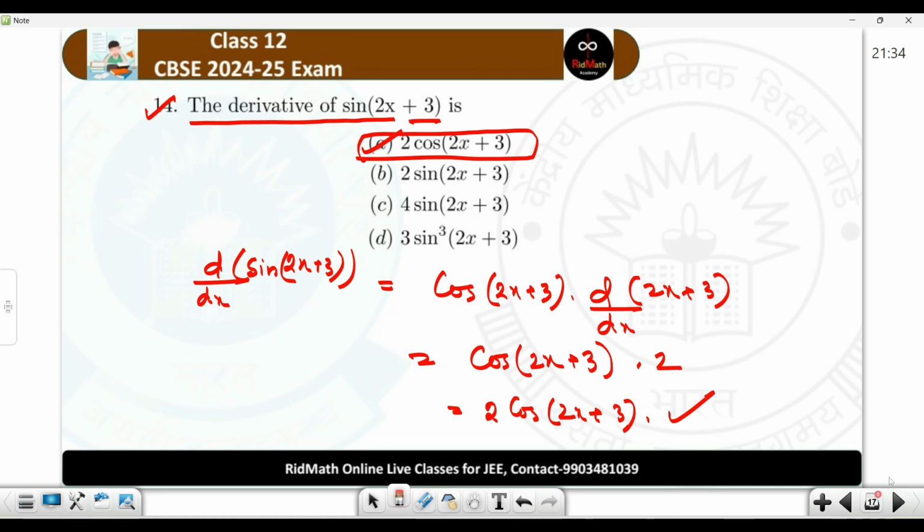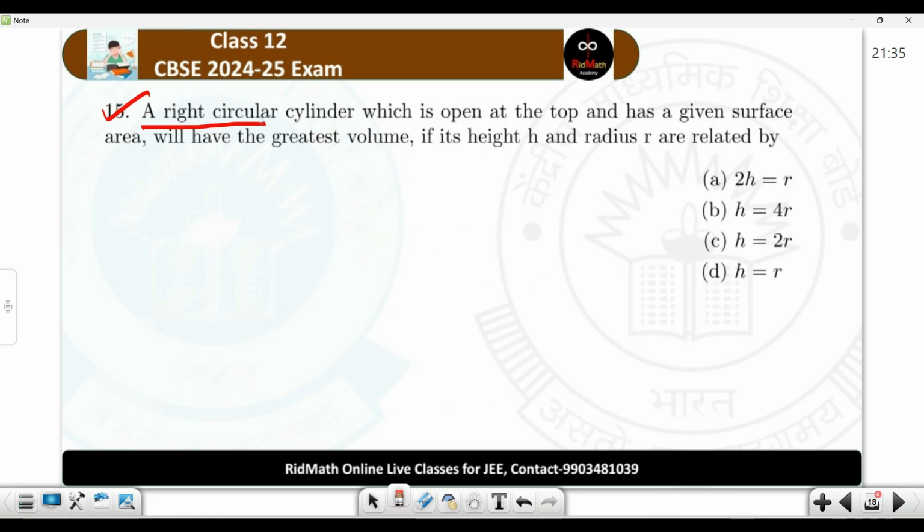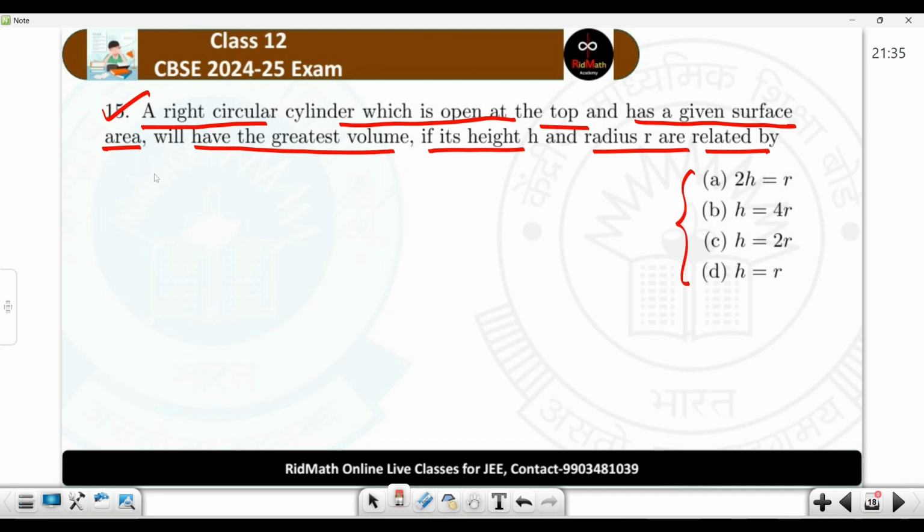Next problem. Question number 15. A right circular cylinder which is open at the top and has a given surface area will have the greatest volume if its height h and radius r are related by which option? So this is a right circular cylinder, and this is the radius r and this is the height h.